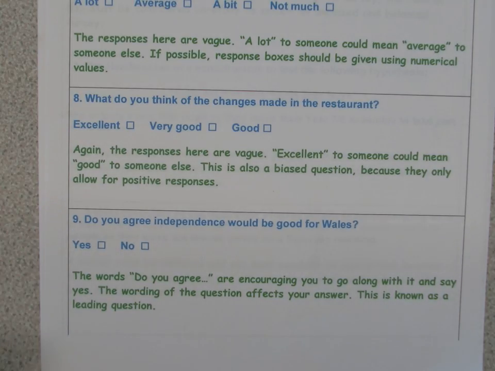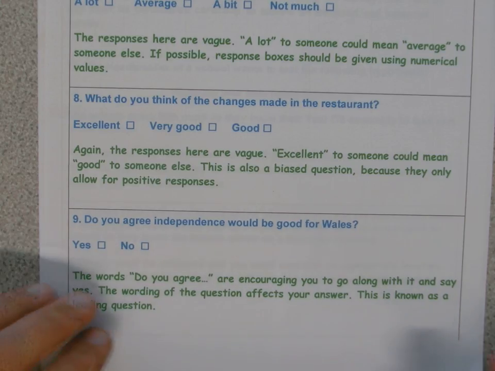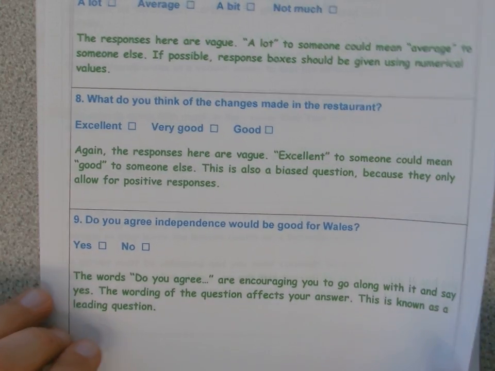That would be a better question, because then you can look at it in a balanced way, right? This is really biased, isn't it? It's biased in that it's wanting you to say yes. It's wanting you to go along with it. We call this sort of thing a leading question, right? It's leading you to say yes.